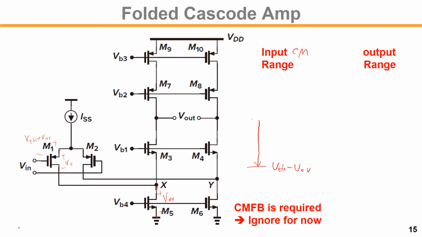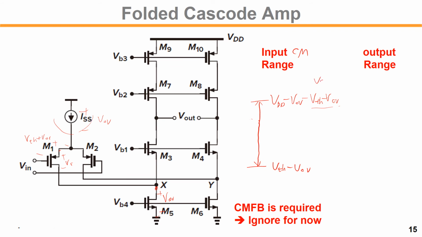And the maximum would be when this device is at the boundary of the saturation region. That would be the voltage difference of V overdrive. So starting from VDD minus V overdrive, and then additionally minus VTH minus V overdrive. This is the VSG of the M1, right?